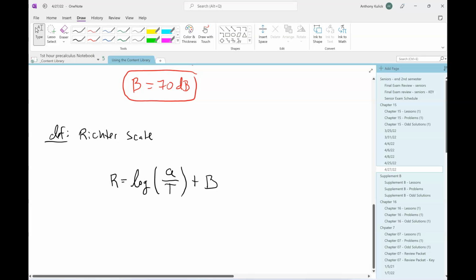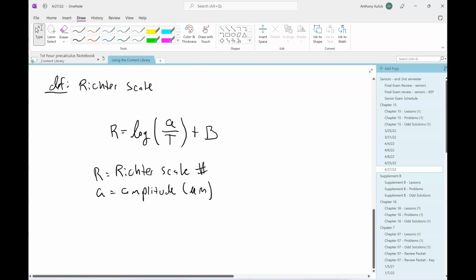So our Richter scale, R is just the Richter scale number. Oops, that's a name. Should capitalize it. A is the amplitude, and we measure that amplitude in micrometers.